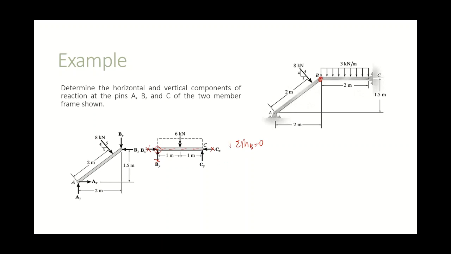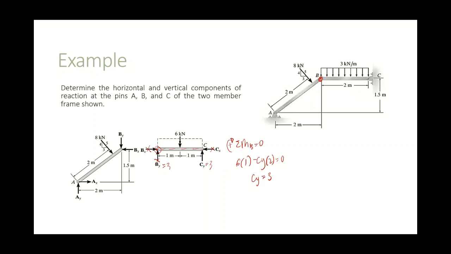Taking positive clockwise: 6 times 1 minus CY times 2. This will give us CY equal to 3. Or, just by inspection, if you notice, this is symmetrical. So, obviously, the 6 will be equally distributed to BY and CY. So, you can just put 3, 3. So, the answer is 3.